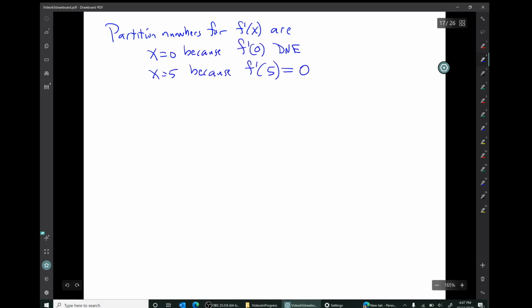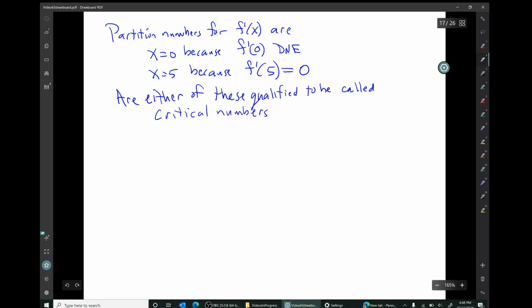Now we are looking, though, for critical numbers for f of x. So that means a number that's a partition number for f prime that is also in the domain of f of x. So we have to see if f of x exists.